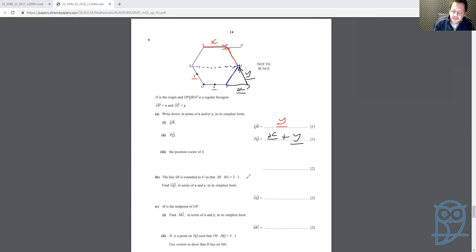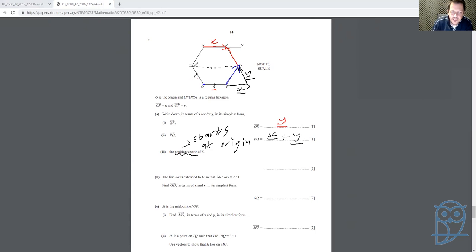The position vector of S. Position vector, very important. That means that it starts at the origin. How did we know we were going to be doing that? Because you've seen questions like this, and you can then put that method into your toolbox of methods.